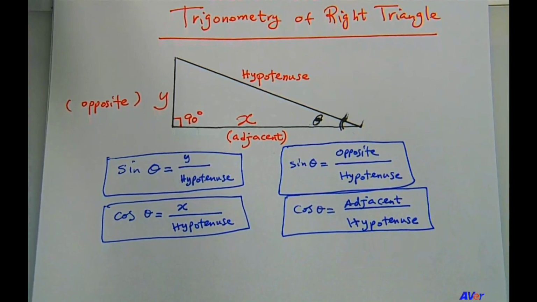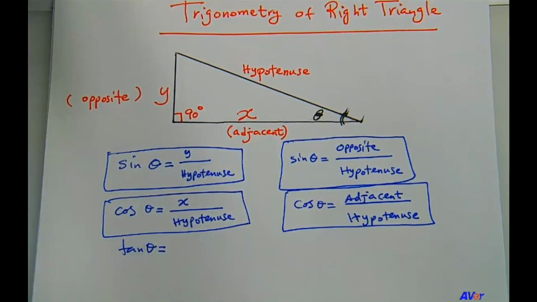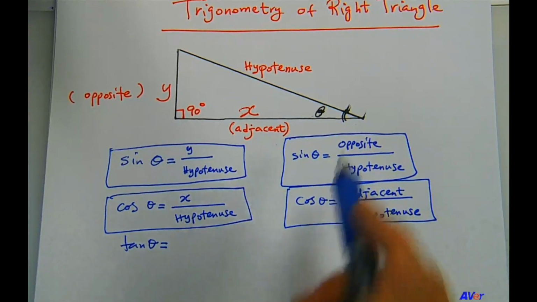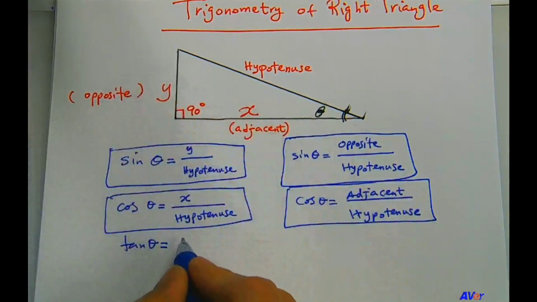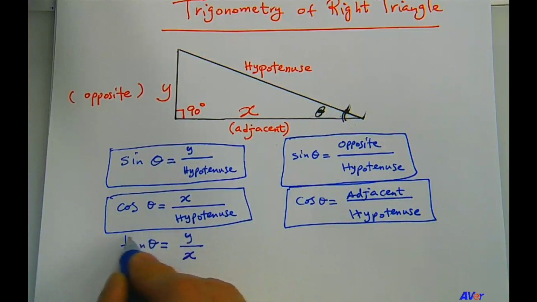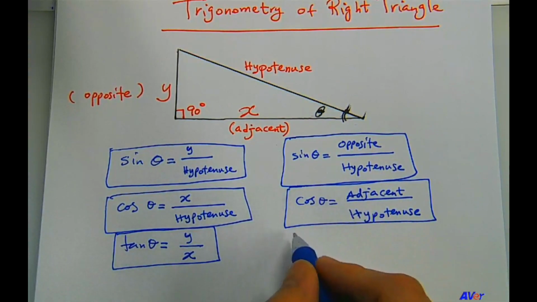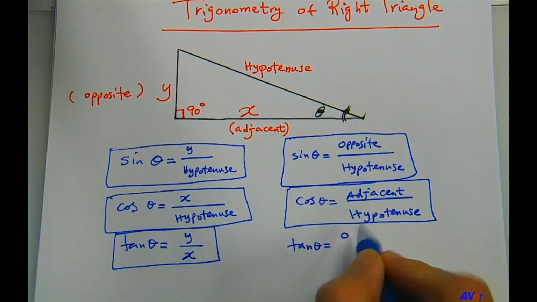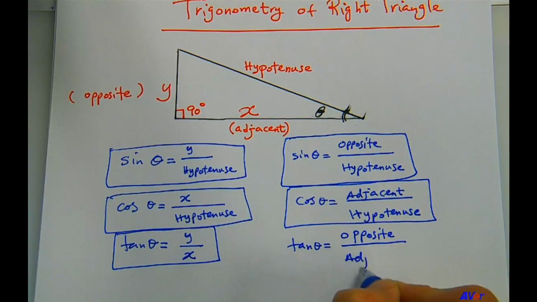We can next talk about the tangent function. So the tangent of theta can be written as y over x, or you can think of it as tangent of theta equals opposite divided by the adjacent side.